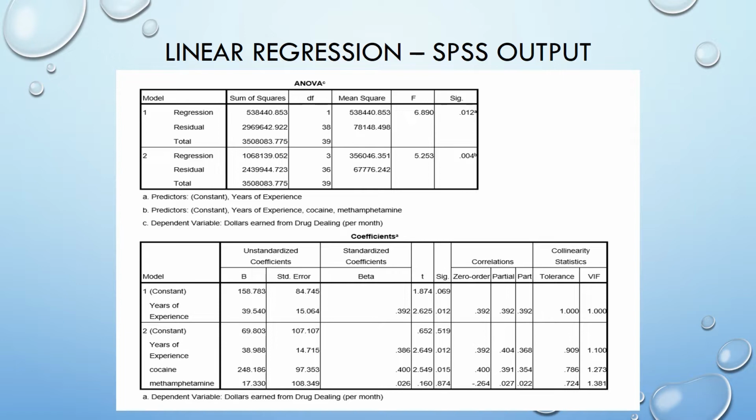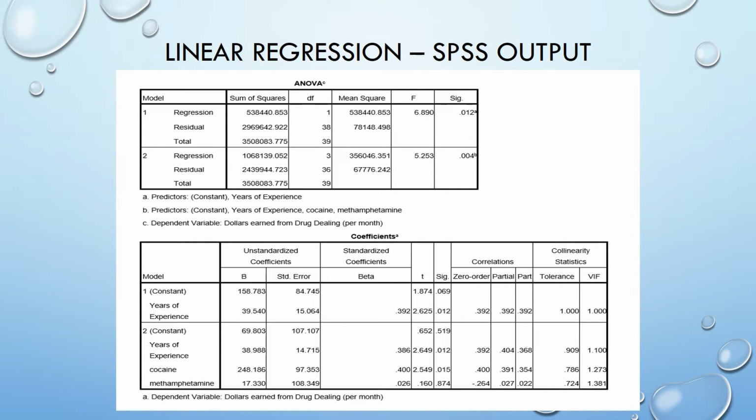And you'll notice once again, when we look at just the model 1 row, it says there in parentheses, constant. This is just going to be an intercept, and we'll see that when we talk about how we build the model in the next slide or two. And then it has the one independent variable that is introduced in that model, which is years of experience. And then as we read from left to right, we'll talk about unstandardized coefficients.